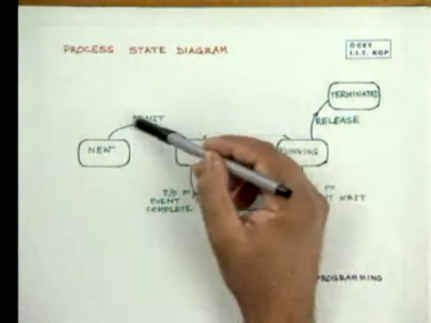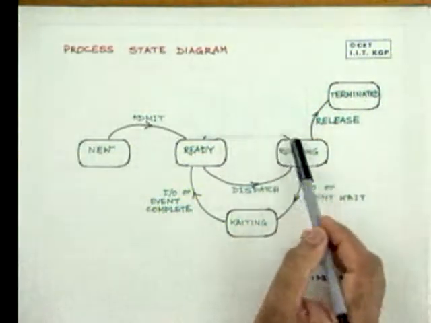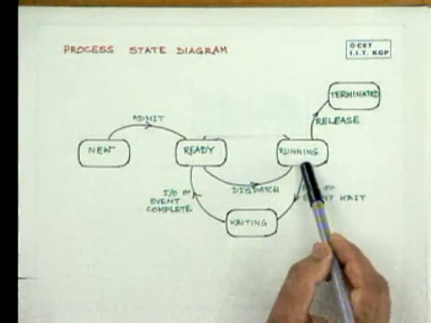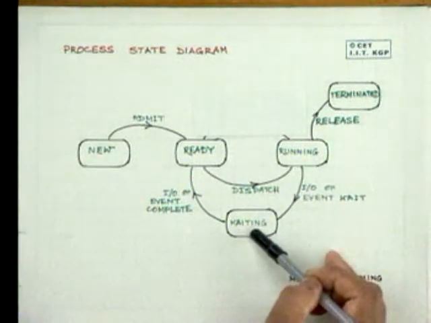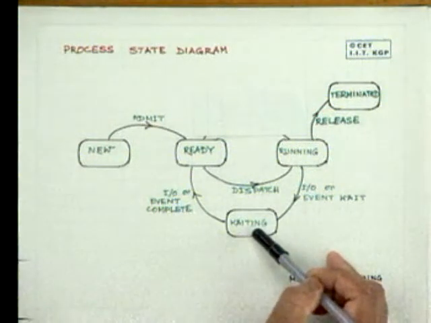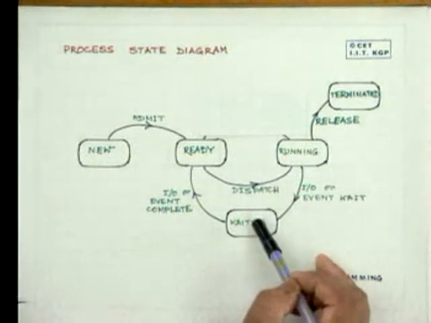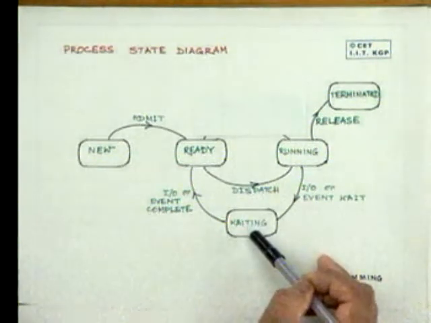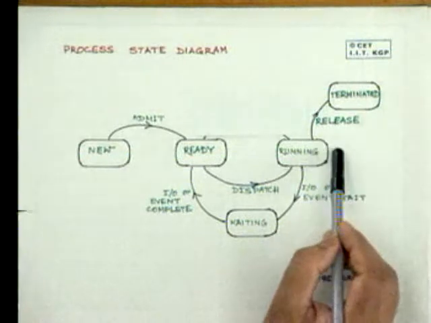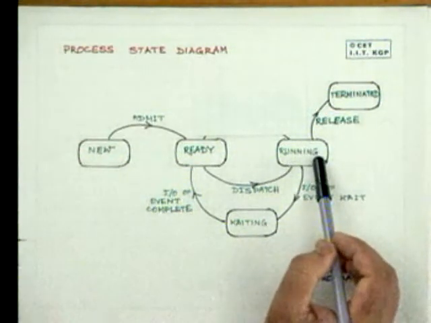Now, this is so far as a single process in the system is concerned. Naturally, you can see immediately that if the process is waiting for the IO to be completed or an event to happen, and it is a single process only within the system, then the CPU cannot have any process in the running state, and therefore the CPU remains idle.